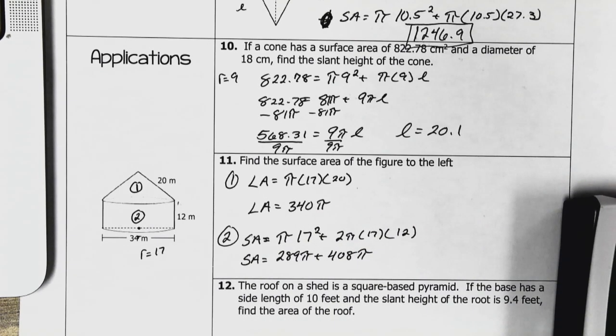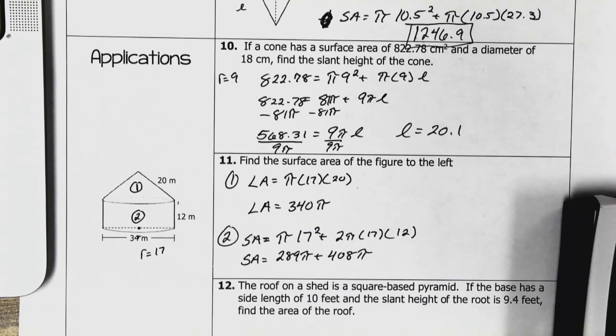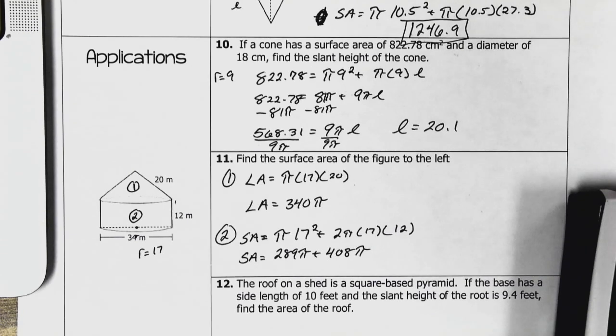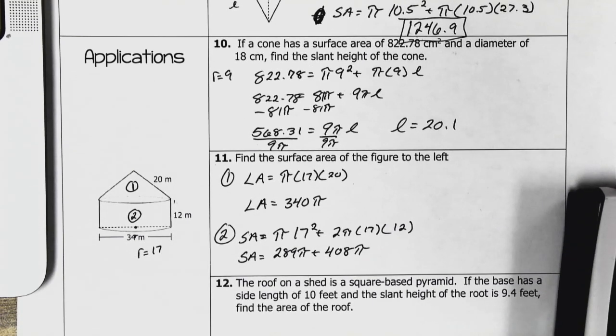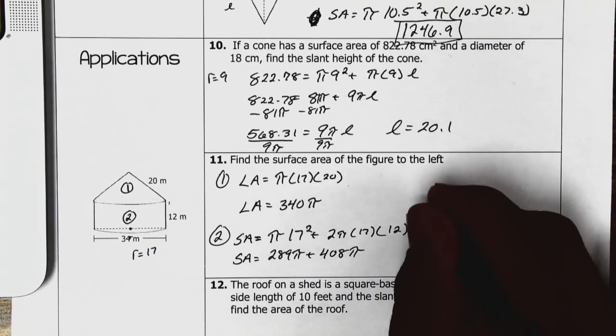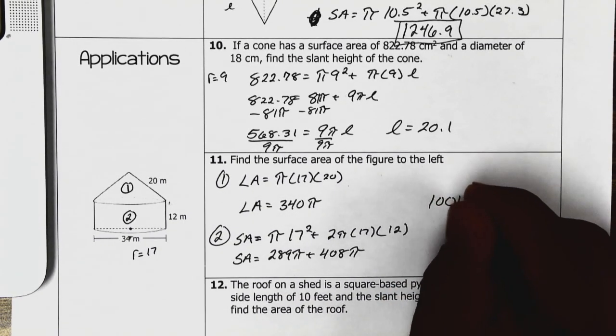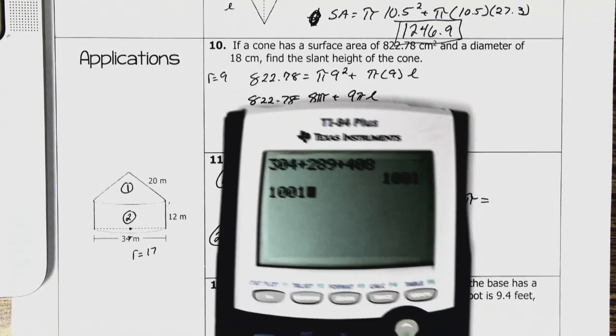Then to get my final answer, I'm just going to add these 3 together right here. This one plus these 2. So 304 plus 289 plus 408. That gives me 1001 pi. And then I can do 1001 times pi.